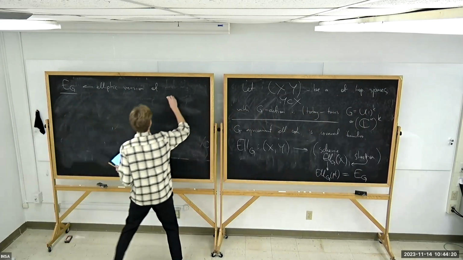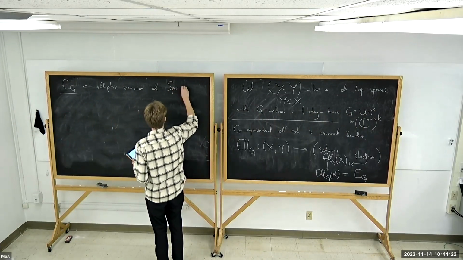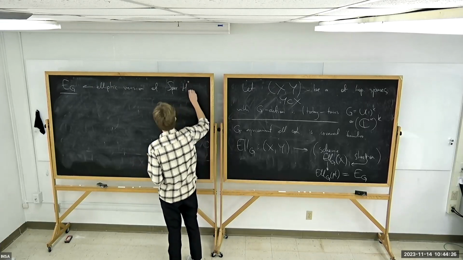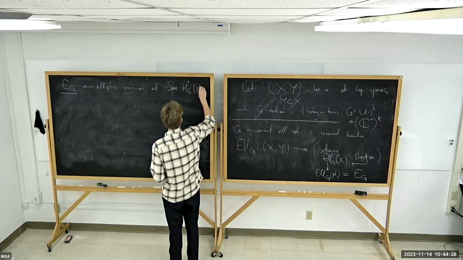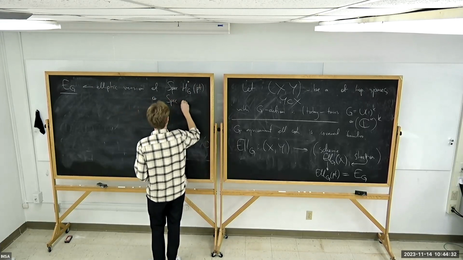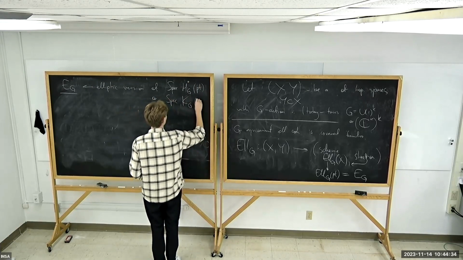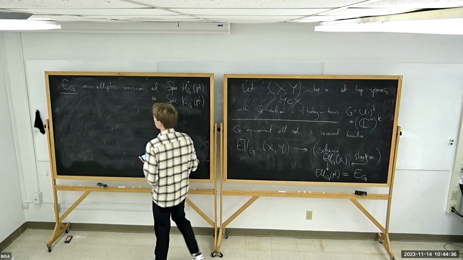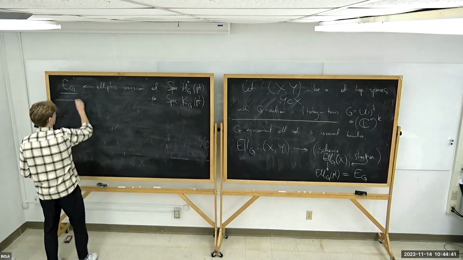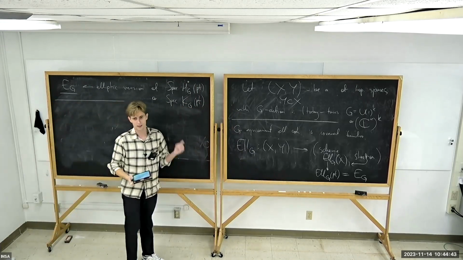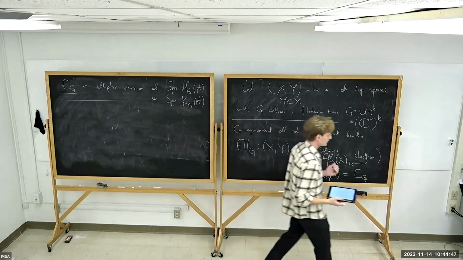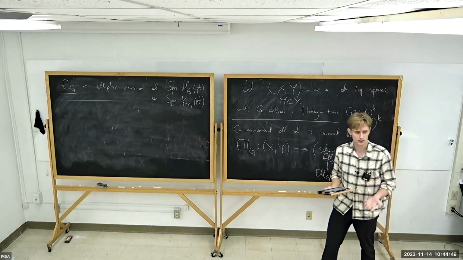So this should be an elliptic version of the spectrum of the usual equivariant cohomology ring of a point, or maybe the equivariant K-theoretic point. Equivariant cohomology and equivariant K-theory are rings, and the spectrum is an affine scheme, whereas equivariant elliptic cohomology is going to be a projective scheme.